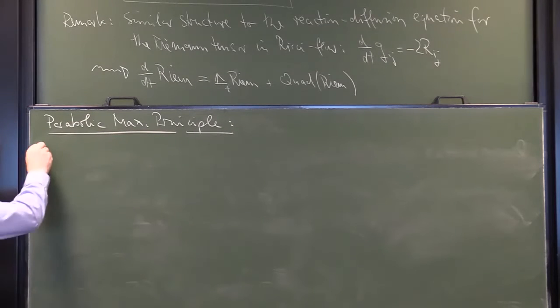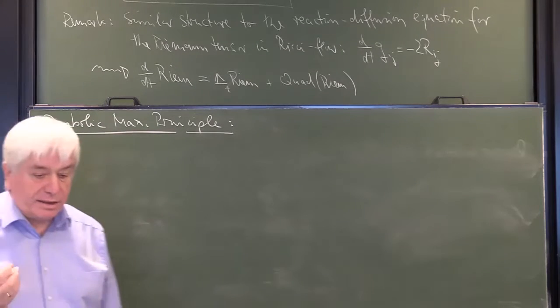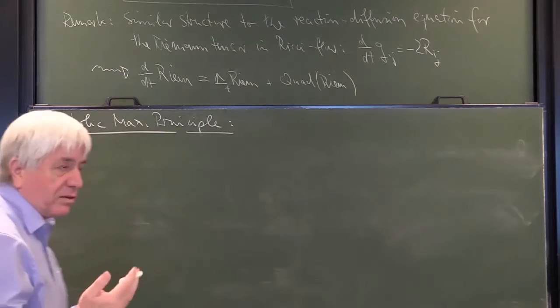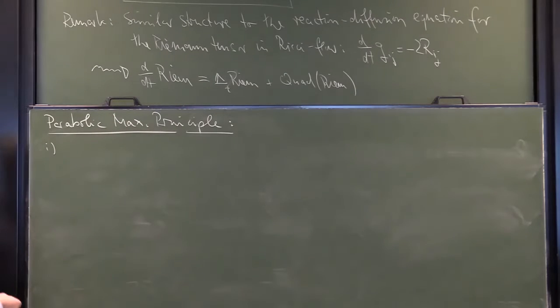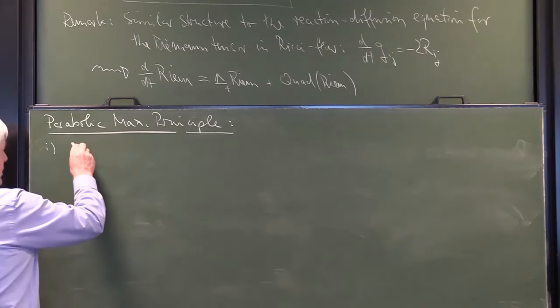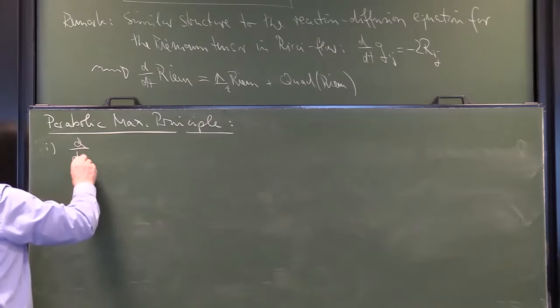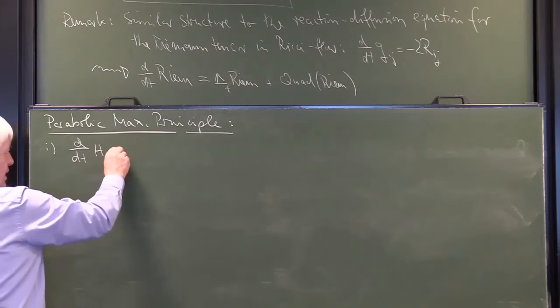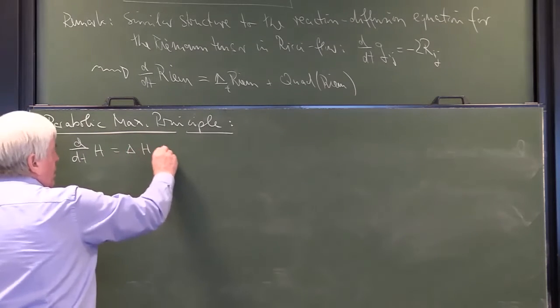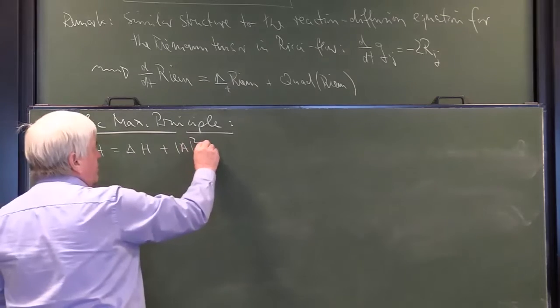First of all, let's just look at the simplest thing one can do, and then we look at some scalar quantities. For example, when we look at the equation d/dt of the mean curvature, we just have this equation.